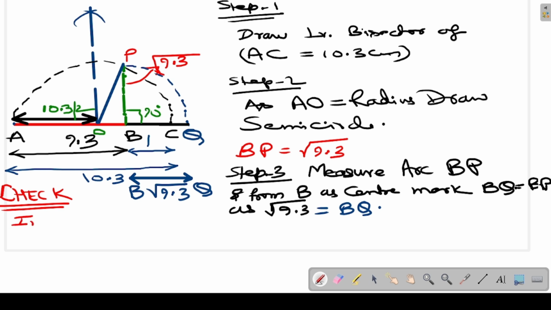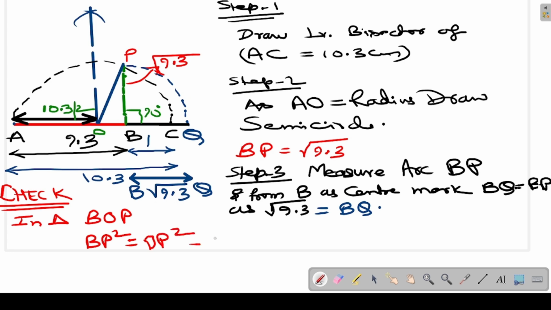Since we have constructed the triangle, we can say in the given triangle BOP, where angle B is 90 degrees, right? Angle BOP or PB or OBP, you can write it any way, right?